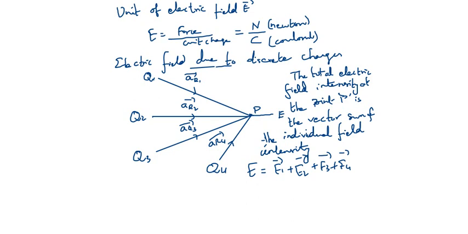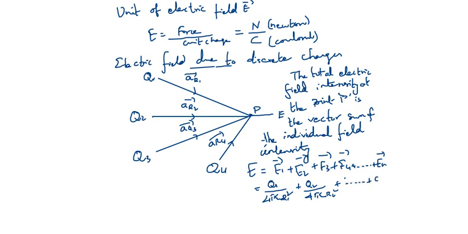So here, as you know, what will you get? Q1 divided by 4 pi epsilon naught R1 square, plus Q2 divided by 4 pi epsilon naught R2 square, plus up to Qn divided by 4 pi epsilon naught Rn square.